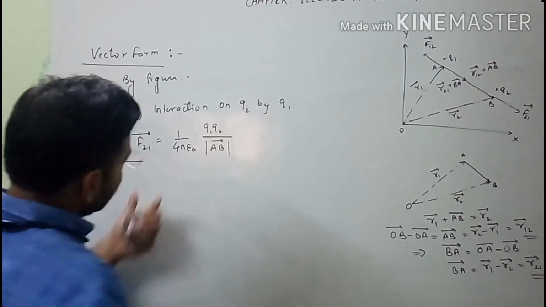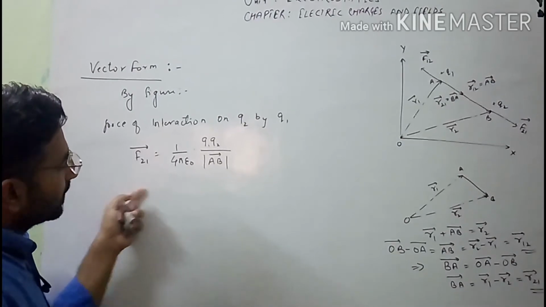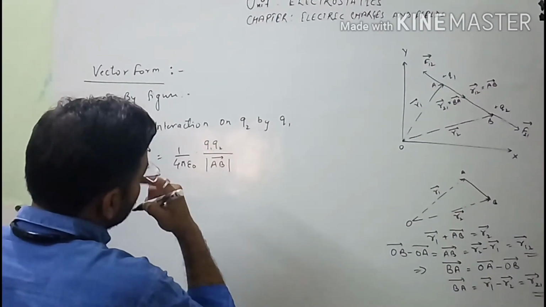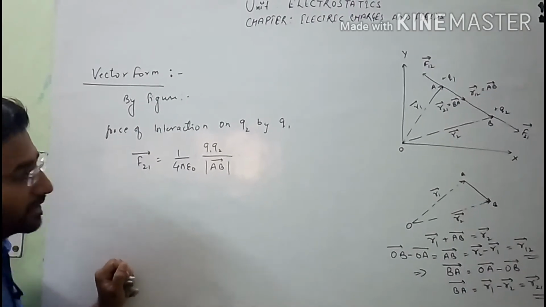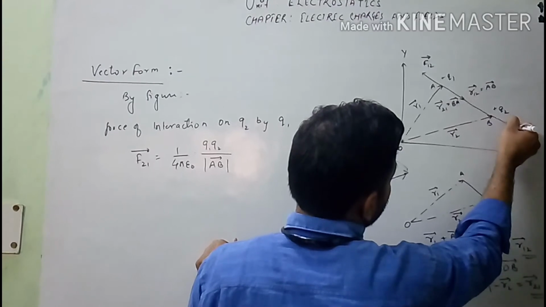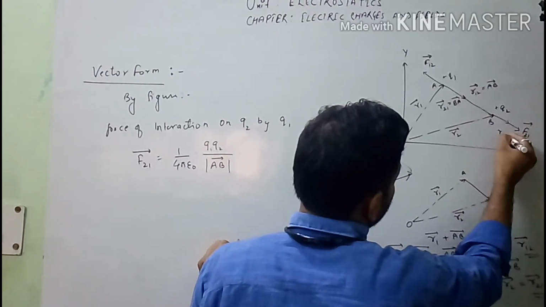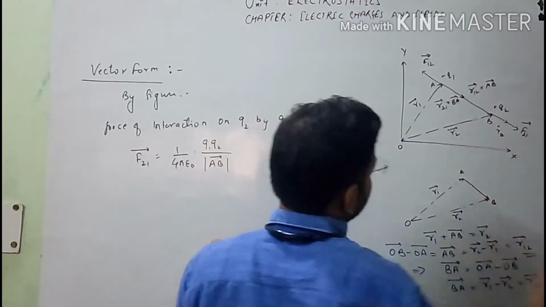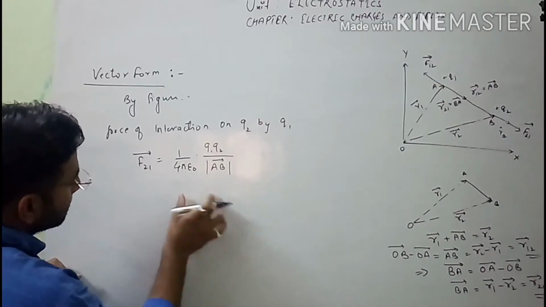So student, when I write this in vector form, it means that we need a normal vector also. So here I will use a normal vector in this direction, which is R12 cap. Clear?